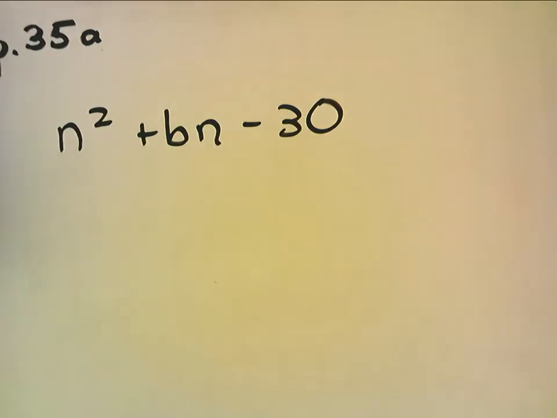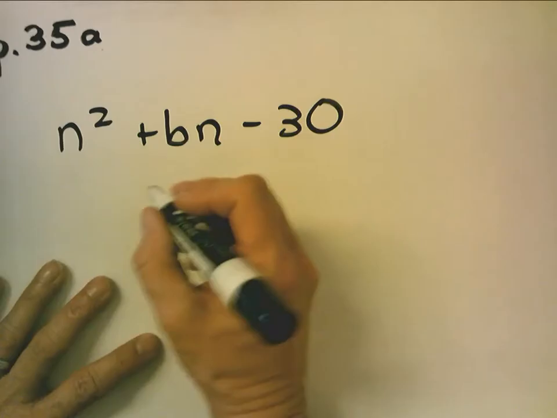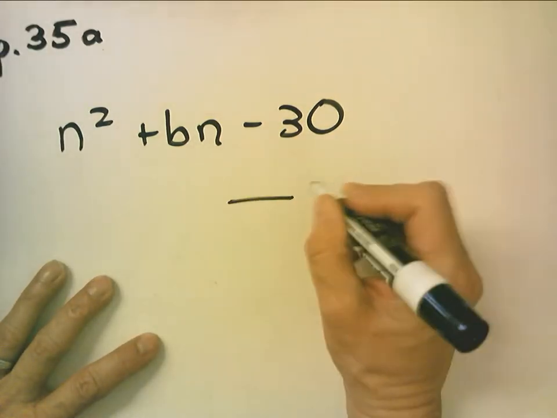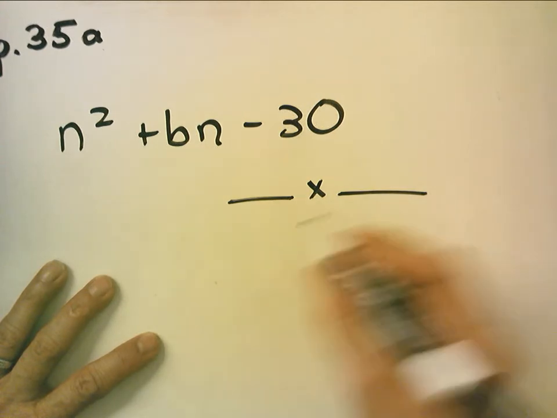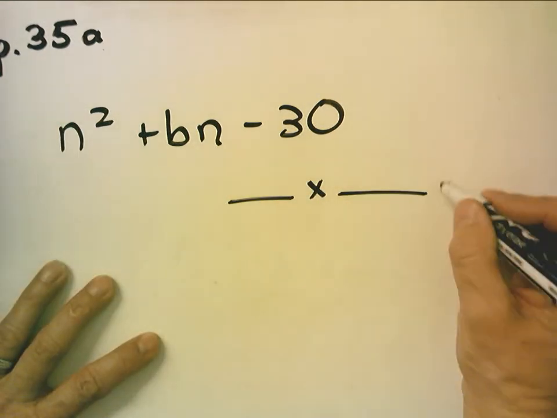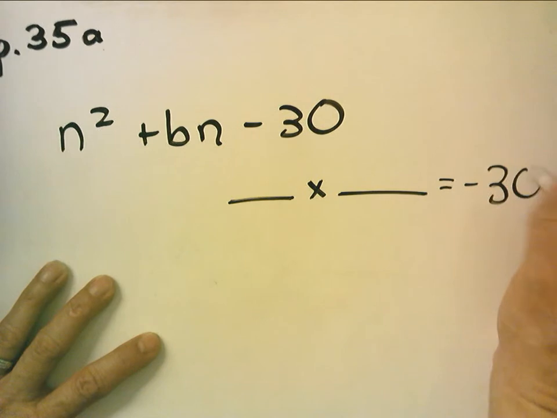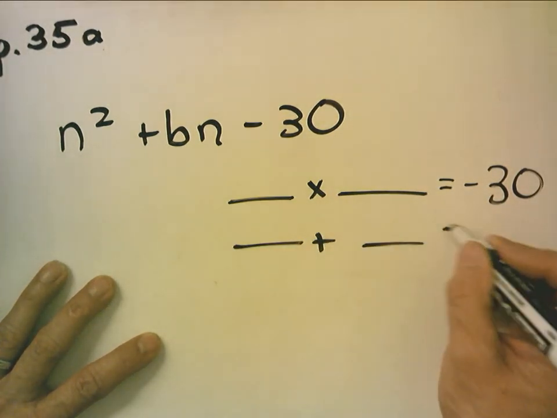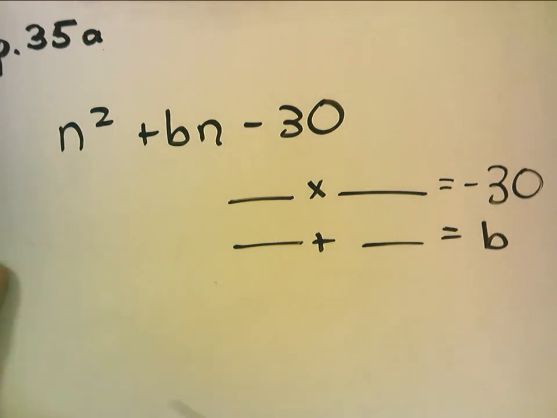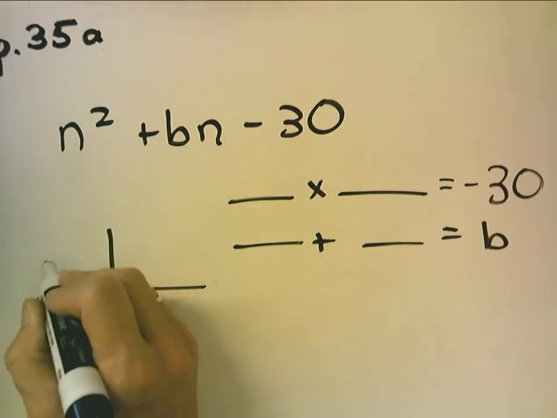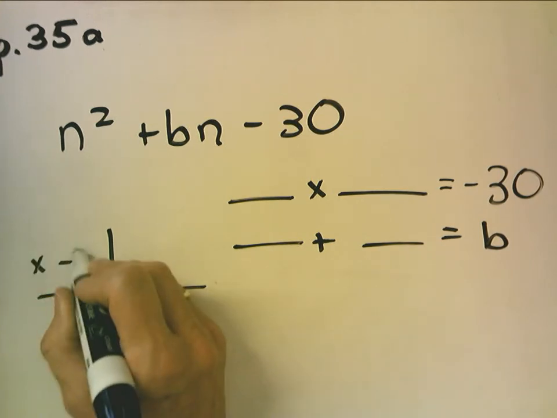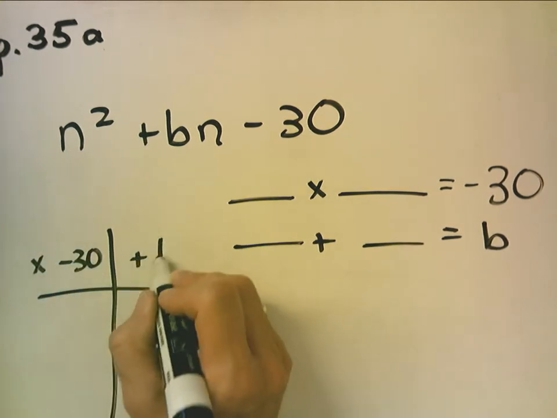So basically, it's saying, what two numbers multiply to equal 1 times negative 30, but add up to equal b? What numbers multiply to negative 30 and add up to b?